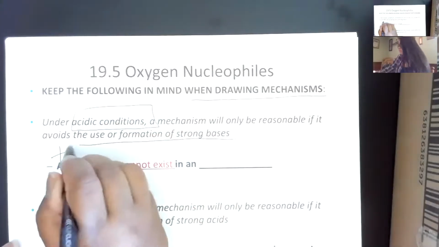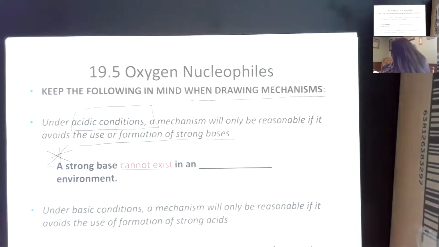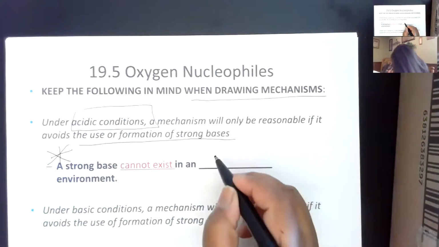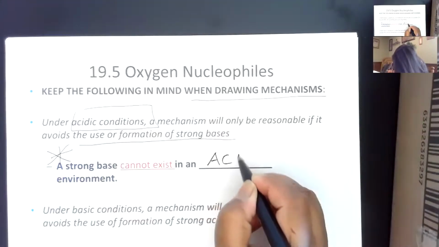And this must be kept in mind. Because in the mechanisms you'll see that I would say acidic conditions, and then you'll have something that is negatively charged, and that cannot exist under acidic conditions.